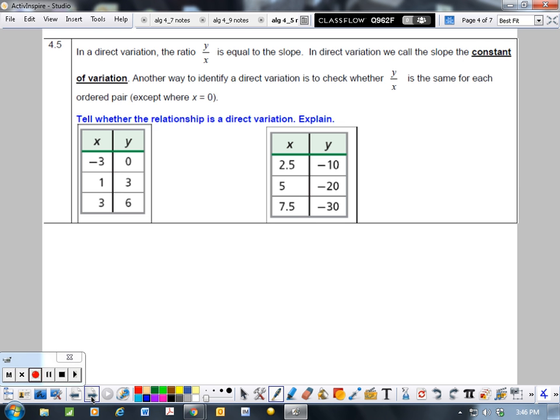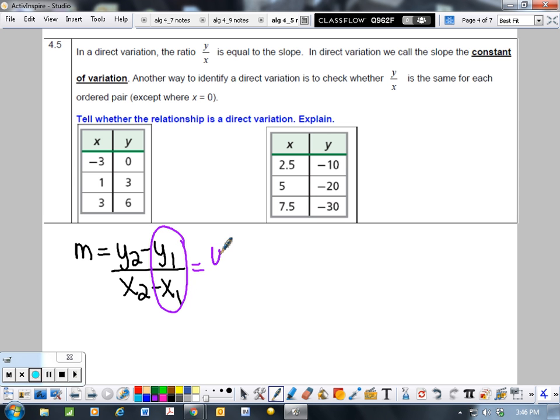Okay, now we're going to delve a little deeper into this relationship of direct variation. We've talked about our slope formula: m equals y2 minus y1 over x2 minus x1. What happens with direct variation is that one of our points becomes (0, 0).